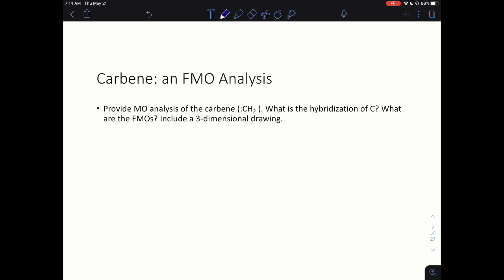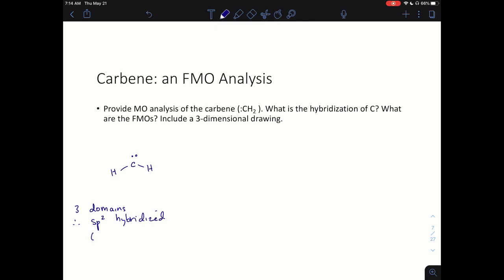You should pause now and see if you can answer these questions. Let's start with the hybridization of carbon. How many electron domains do we see? Yeah, we see 3 domains, which means that this is an sp2 hybridized carbon.